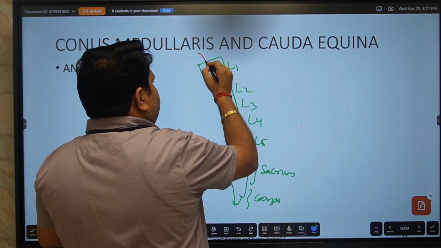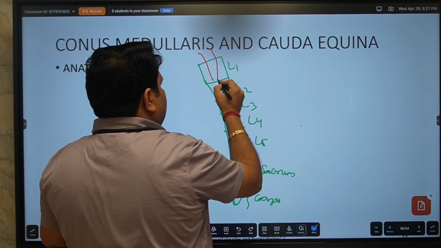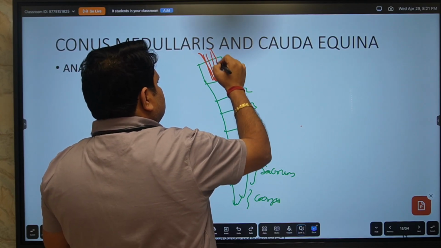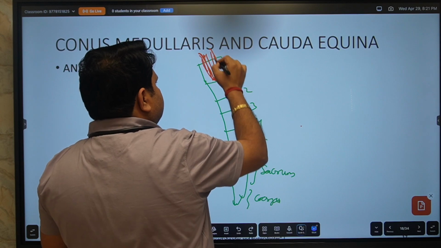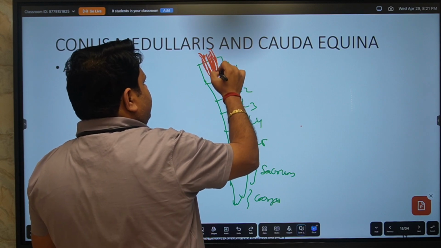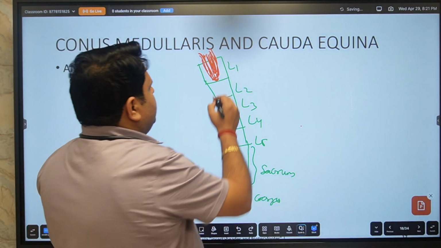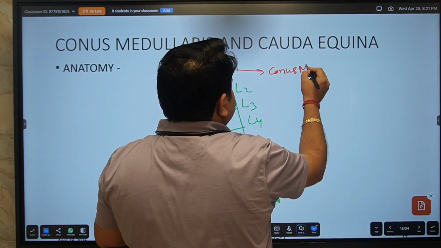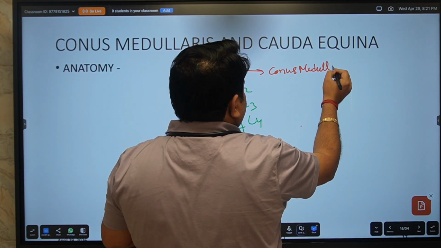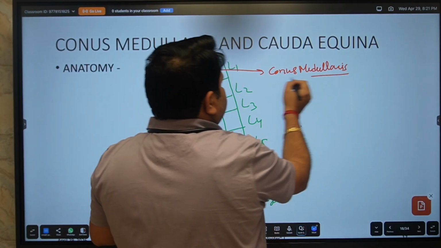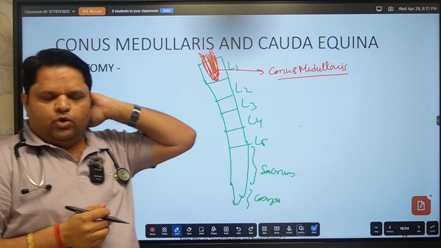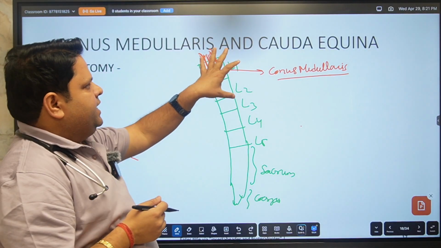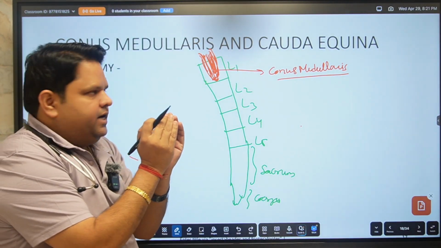So we have the spinal cord, and around the level of L1 there is a bulb-like structure present at the end of the spinal cord. It is called the conus medullaris. Basically, the spinal cord starts from the lower end of the medulla and terminates at the level of L1, and the terminal portion is slightly dilated.